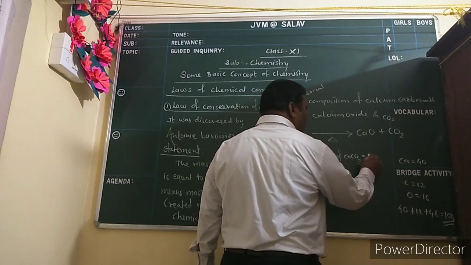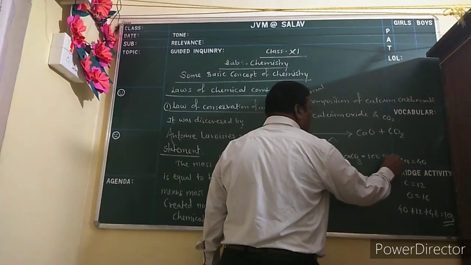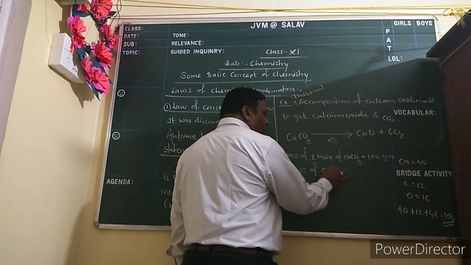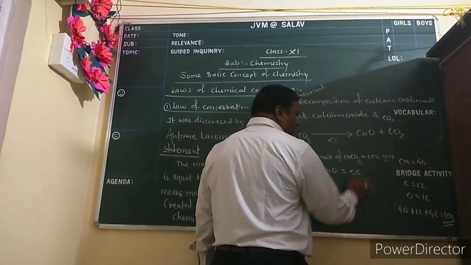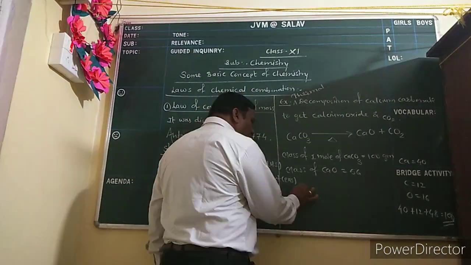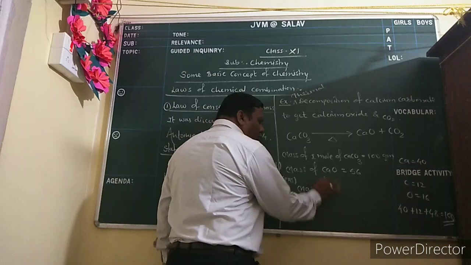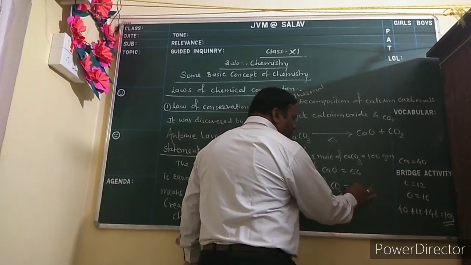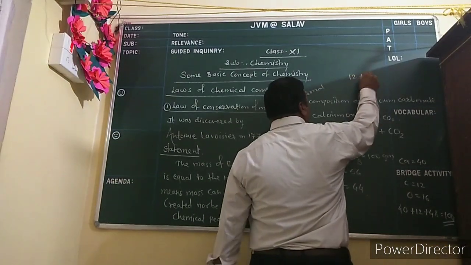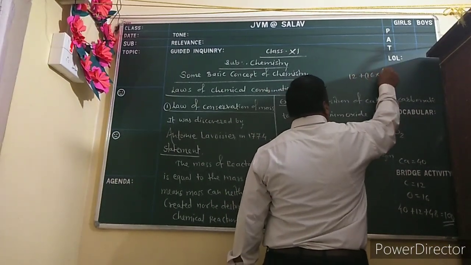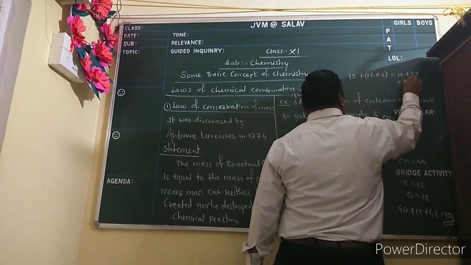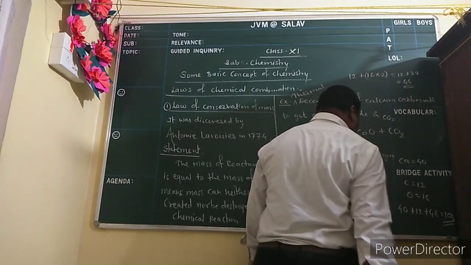So the mass of 1 mole of calcium carbonate is 100 gram. The mass of CaO is 56. You know how it is 56? 40 plus 16. And the mass of CO2 will be 44. How is it 44? 12 plus 16 into 2, so 12 plus 32, you get 44. 44 is the molar mass of CO2.